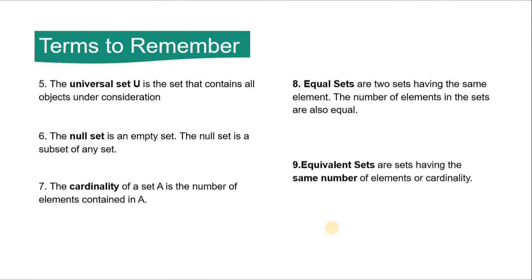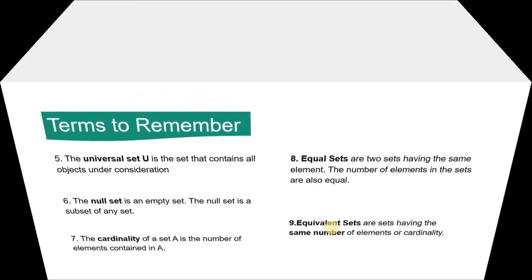Second one, we have the equivalent sets. These are sets having the same number of elements or cardinality. So it doesn't necessarily na same sila ng element as long as they have the same number of elements. So that's what we call an equivalent set.